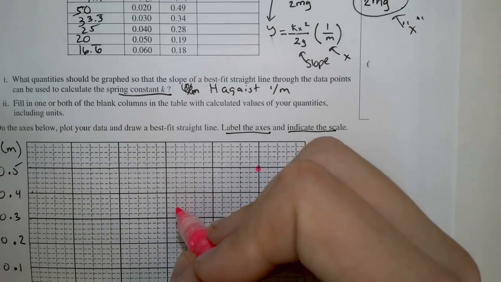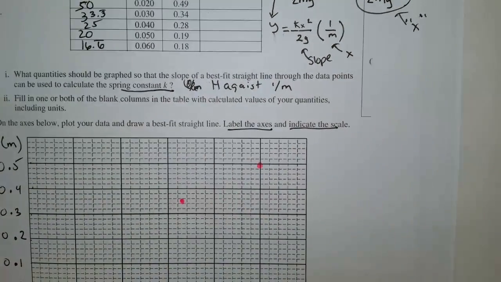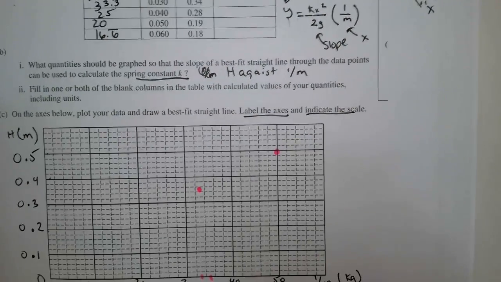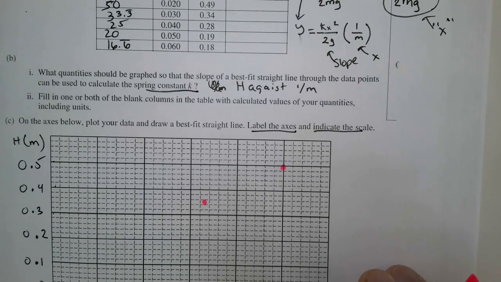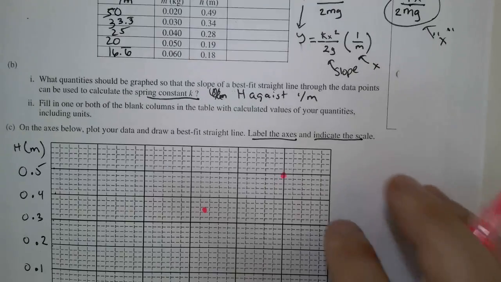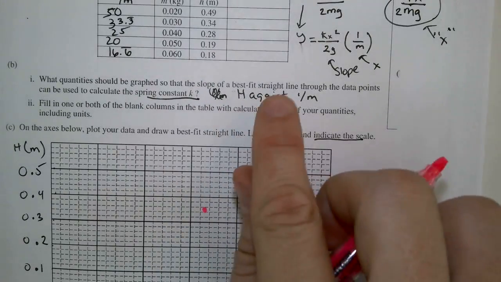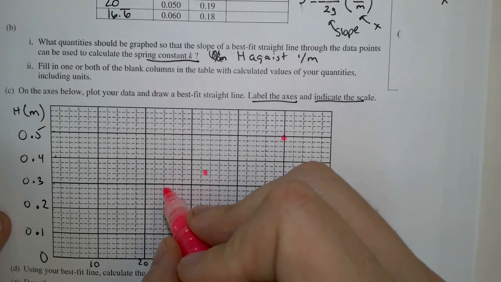So 0.34 is right about there. Do be careful in the actual AP exam. They will check to make sure you plot points correctly, and even if your data is wrong, if you plot points correctly, you can get points. So be careful. 25 and then 0.28. 25 is here, and 0.28 is there.